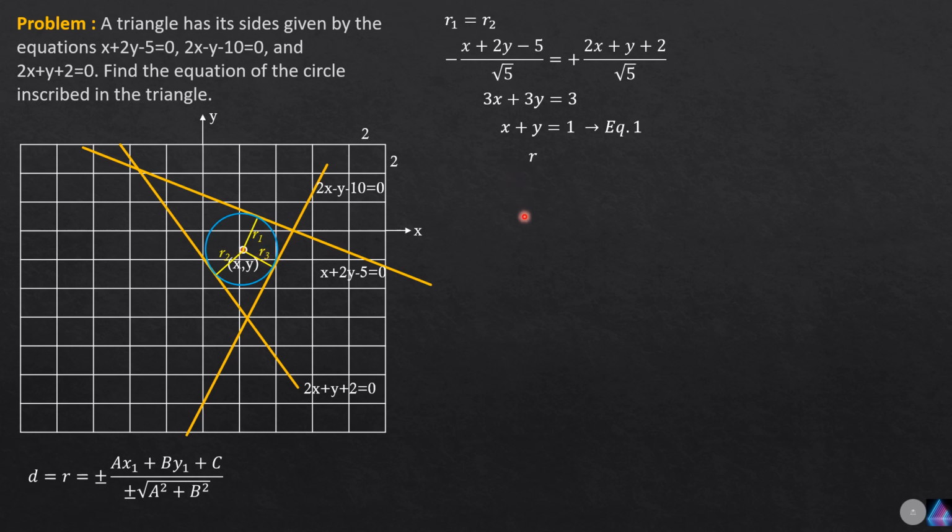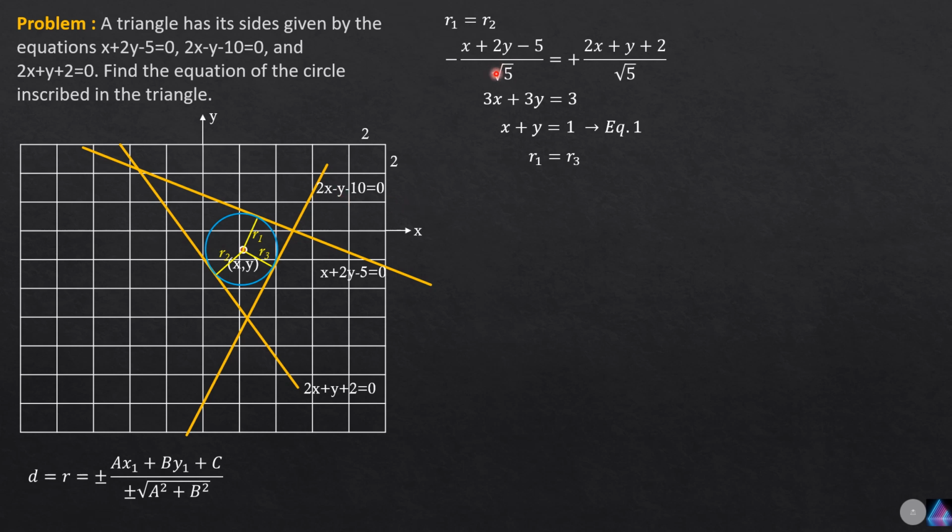Then let's have R1 equals R3. We copy this for R1. For R3, the point lies above this line, so it is positive quantity 2x minus y minus 10 over negative square root of 5 because the coefficient of y is negative.